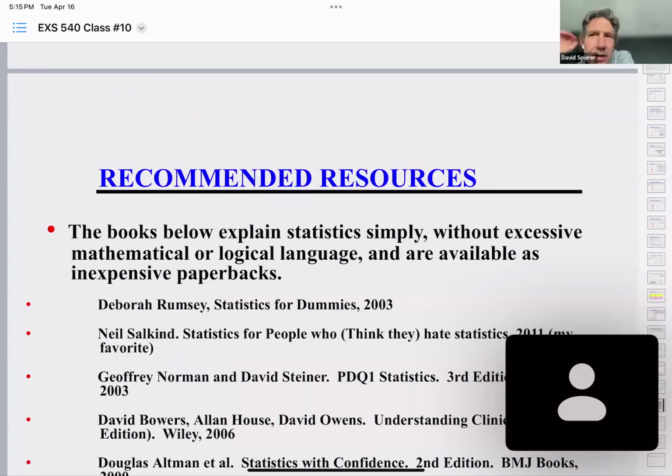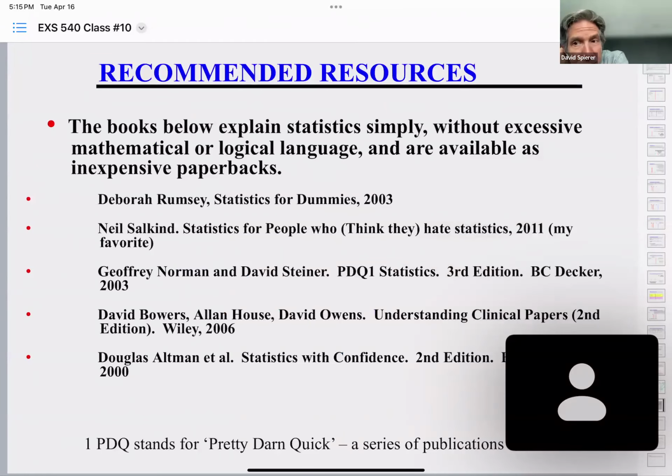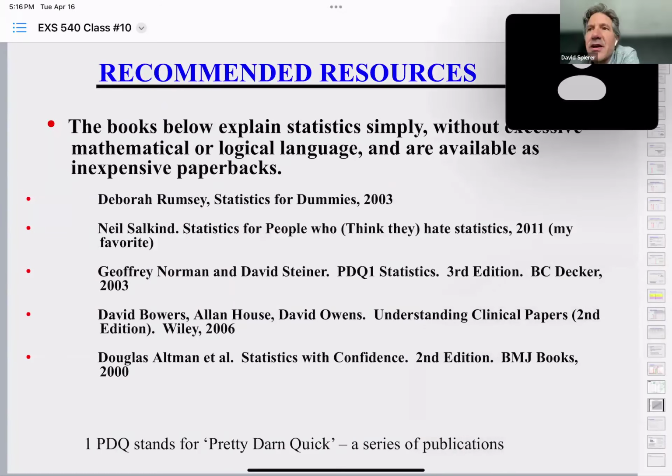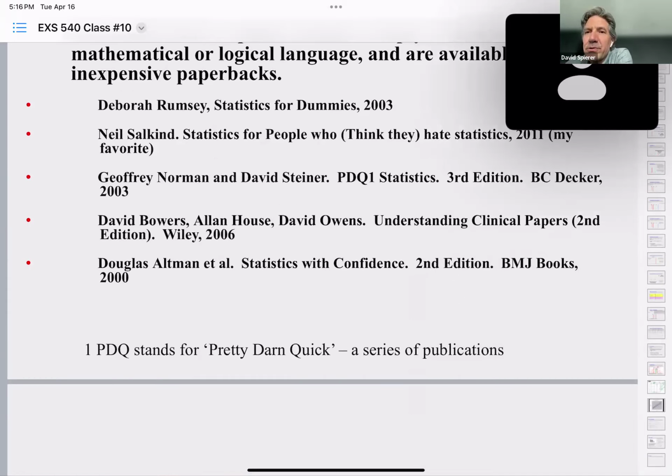If you really want to get into it, here are some really good books and resources on statistics. I think Statistics for People Who Think They Hate Statistics is a really cool book. It's a little bit less serious and formal than some other books, and I love the title.